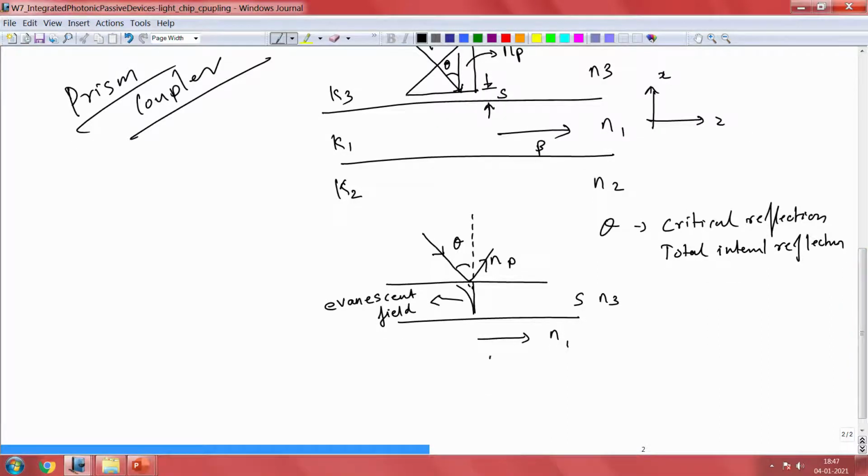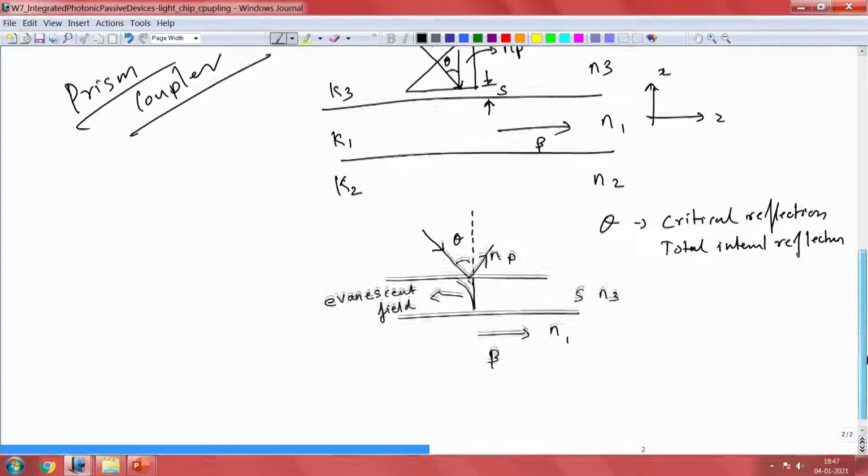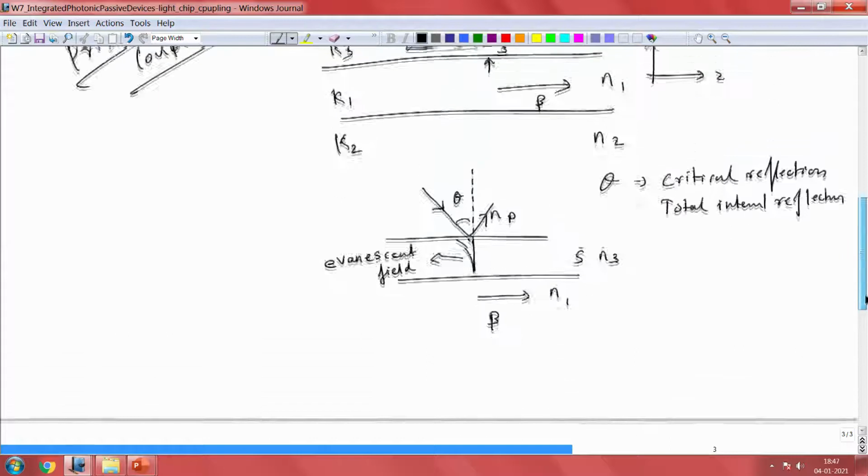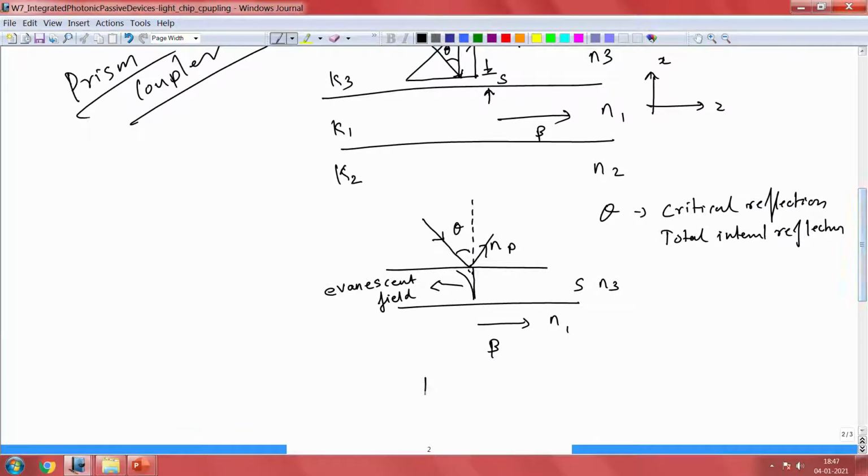So, your beta is here. Now the question is, what is the propagation constant of this evanescent field? That evanescent field is given by the following. Kp is my propagation constant in my prism, Kp sin theta should be equal to beta.